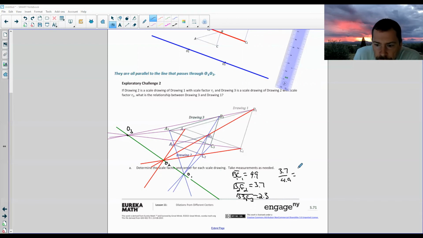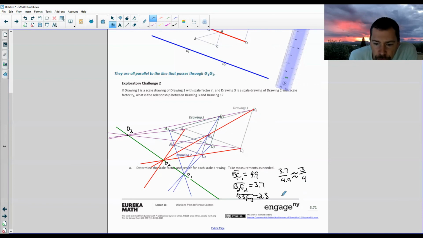That's about 3/4. It's an approximation. So I'll just do approximately 3 over 4. Okay. So drawing A2, B2, C2 is 3/4 the size of the original.